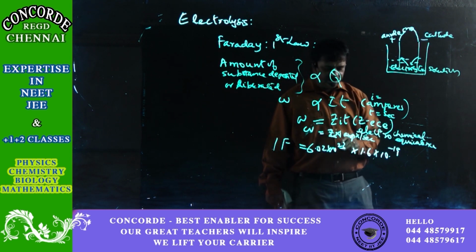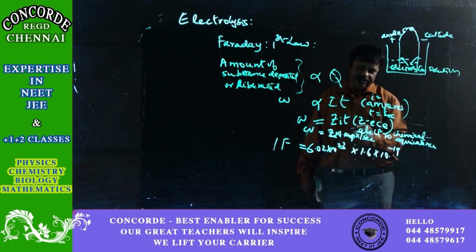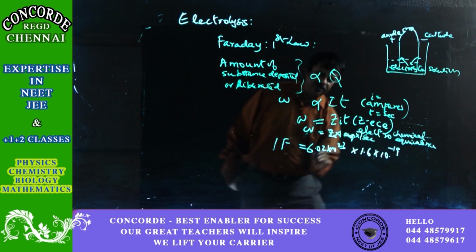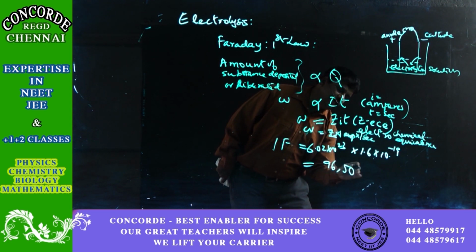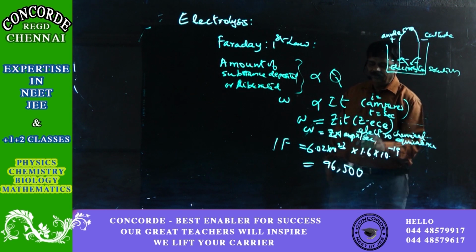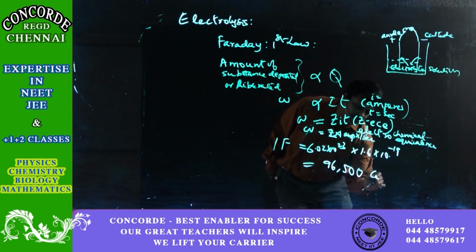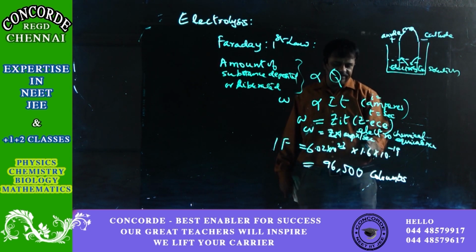So 6.02 × 10^23 is the number of ions or electrons, and each has a charge. Once you multiply these two, you get a value of approximately 96,500, measured in coulombs. So this 96,500 is a standard.